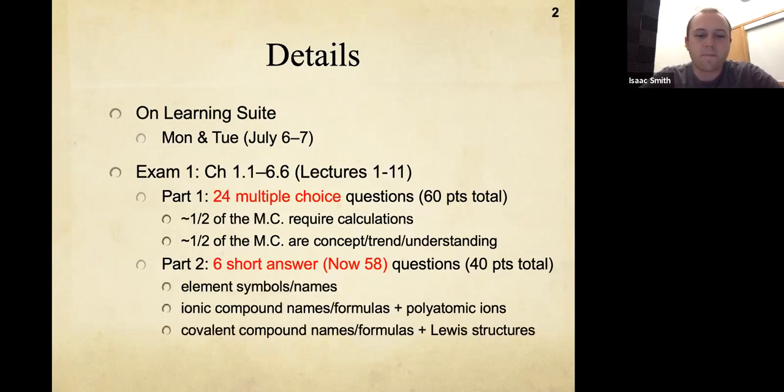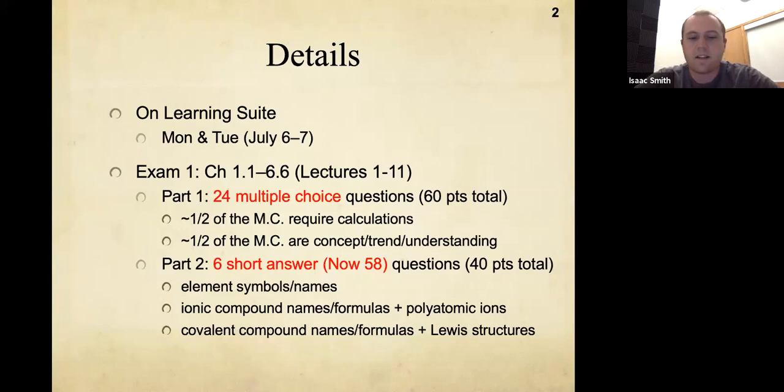So anyway, for the short answer portion, which is really just fill in the blank questions now, you'll need to know element symbols and names. So going from an element symbol to a name, or a name to an element symbol. And you'll just need to memorize the first 20 elements for those questions.